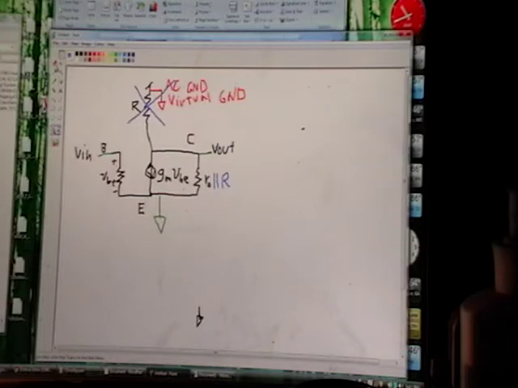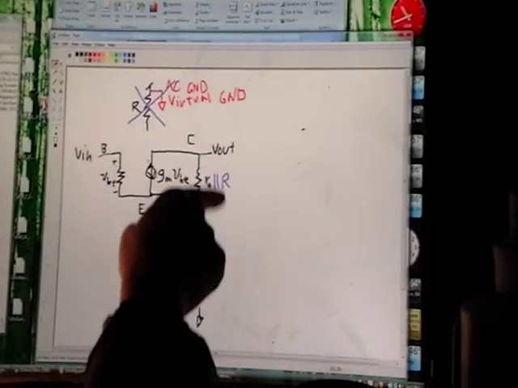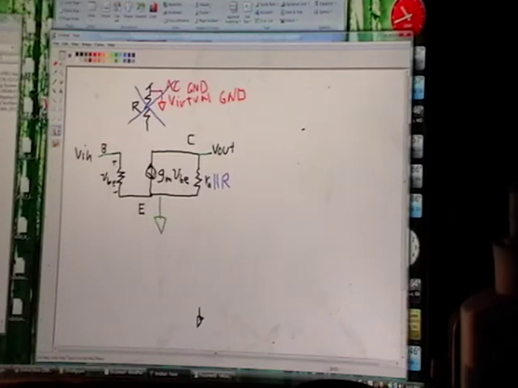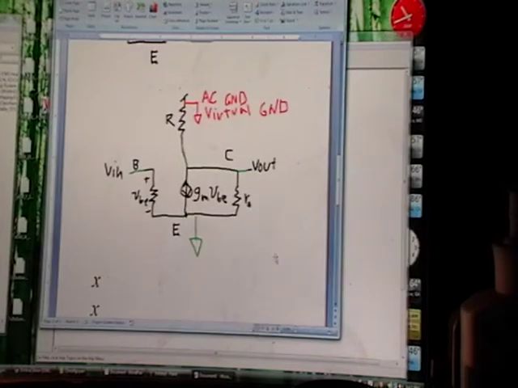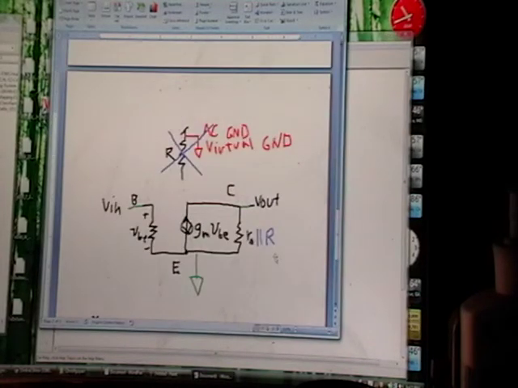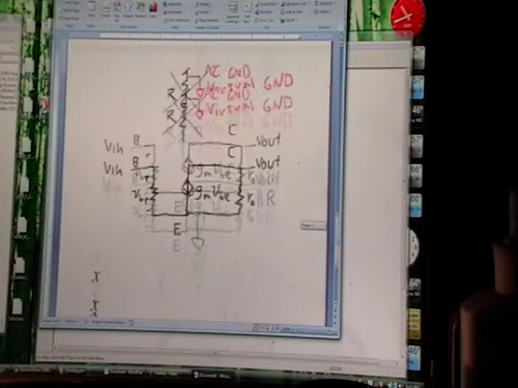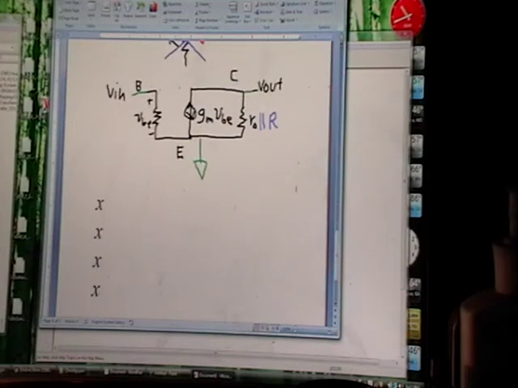And now let's cut this so it's not confusing. So we basically moved this resistor in parallel over here. So let's take that. All right, now we've got this as pretty as it can be.